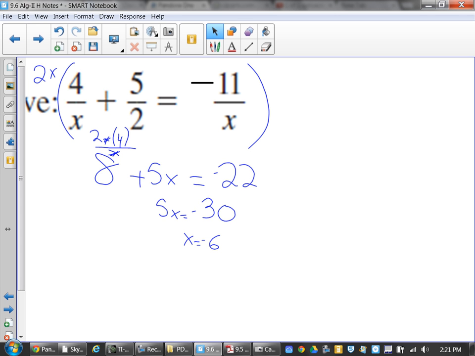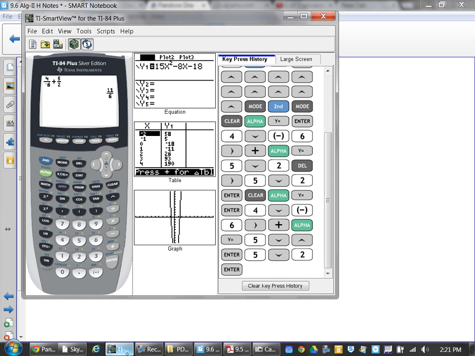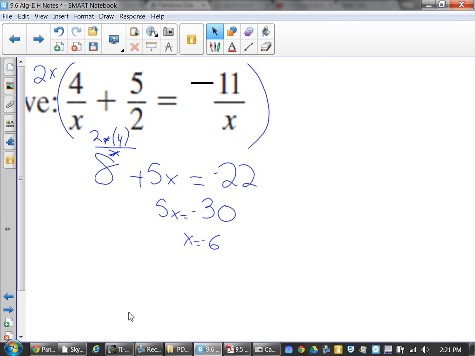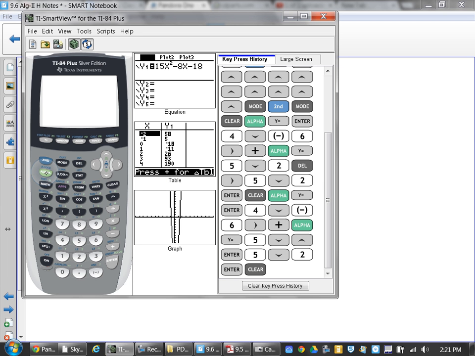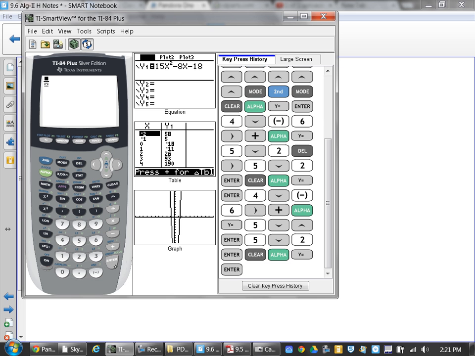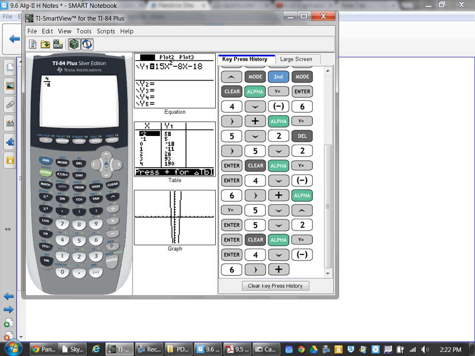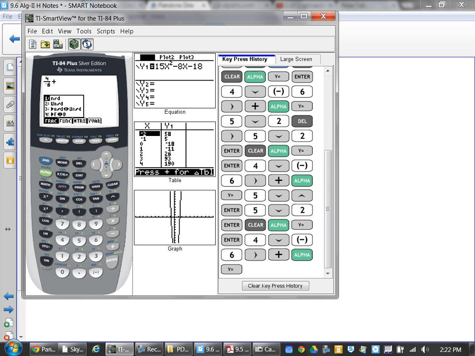Now, one of the things you can do with your calculators is you can still check your answers to make sure that you were right. So if you wanted to go to your calculator, our fractions were 4 over x plus 5 over 2, and we said the x value was -6. So alpha y equals, enter, 4 over -6 plus 5 over 2.